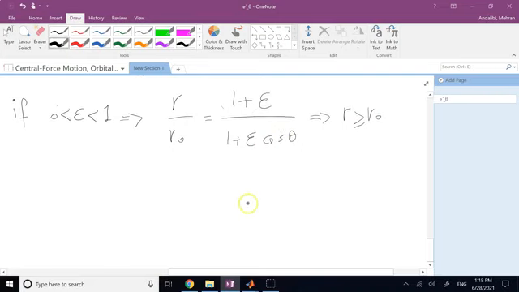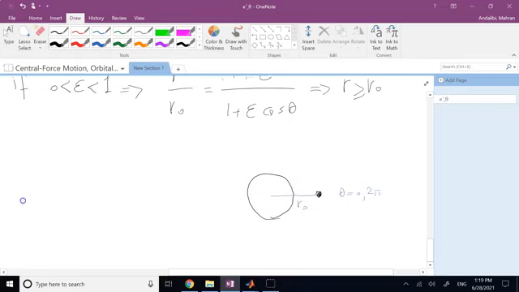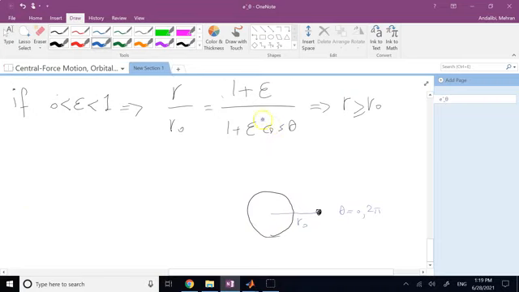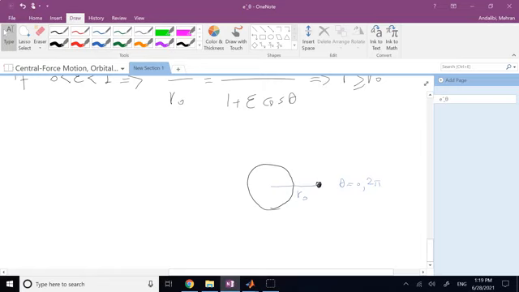If this is the Earth and this is the initial satellite launch, let's say I launch it at theta of 0, here, just for simplicity. This distance is my r naught. At theta of 0 and 2 pi, you will get r equal r naught. At theta of pi, you will get 1 plus epsilon over 1 minus epsilon, which is the largest, and between them r is always bigger than r naught, but not as big as that.